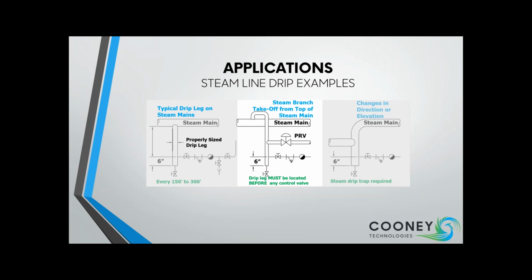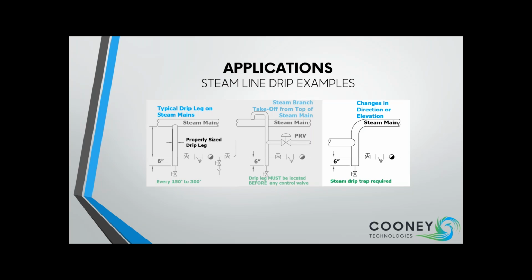Now we're going on to the last steam line drip example. It's usually recommended with changes in steam main direction, and especially with a change of steam main elevations. A drip leg with a drip trap is required. In this example, you see a full main size drip leg.